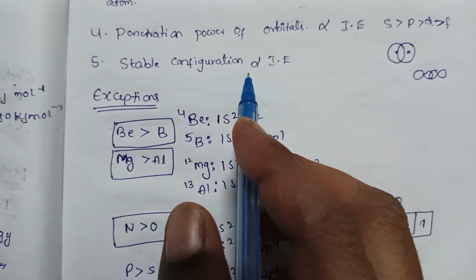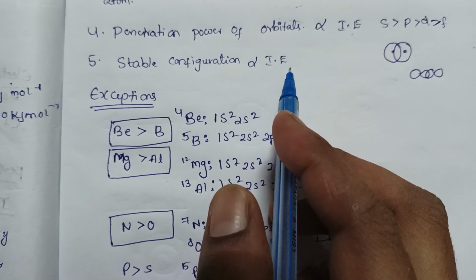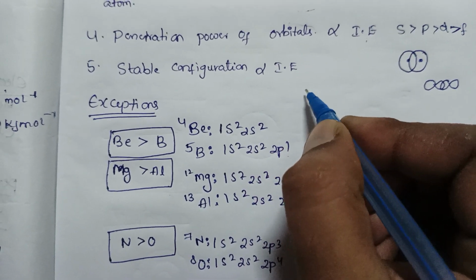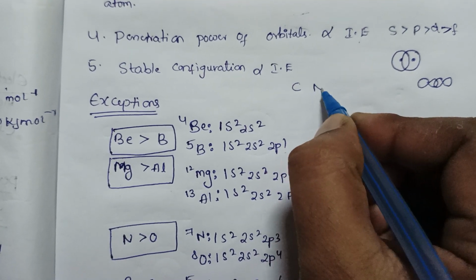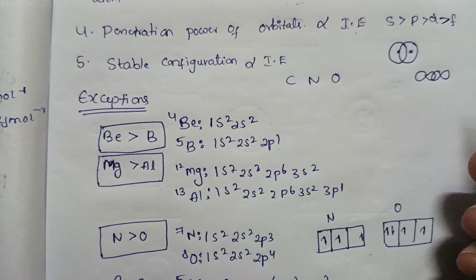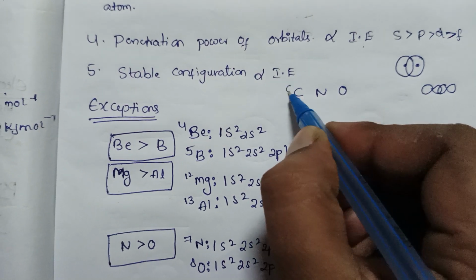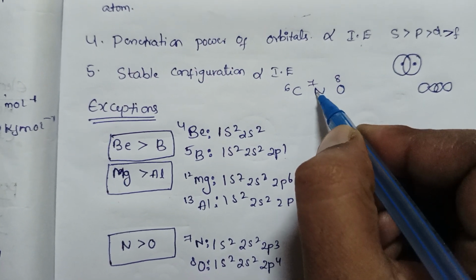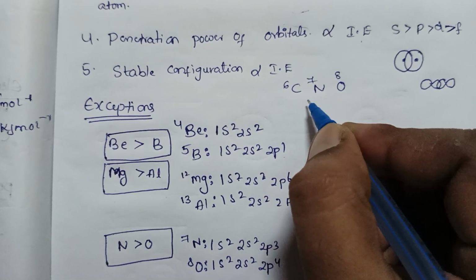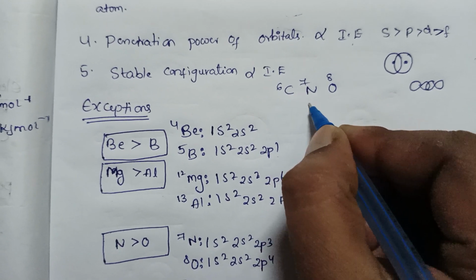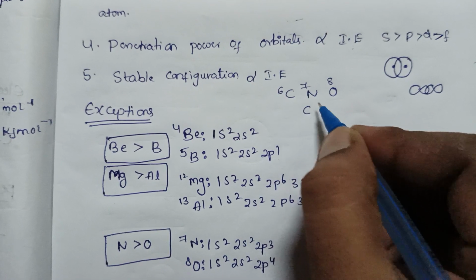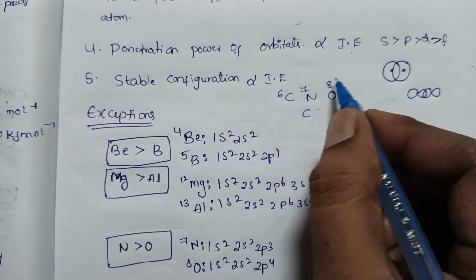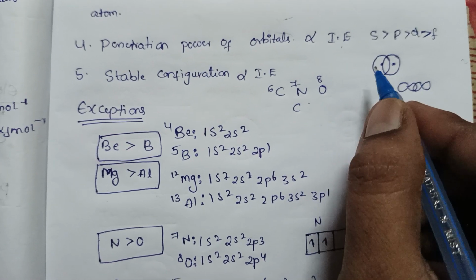Stable configuration is directly proportional to ionization energy. If we take some examples: carbon, nitrogen, oxygen. Carbon's atomic number is 6, nitrogen's is 7, and oxygen's is 8. According to what we discussed, across the period ionization energy increases, right?